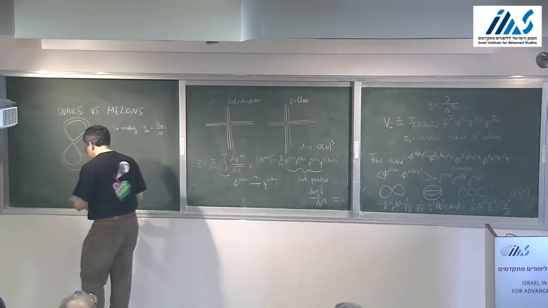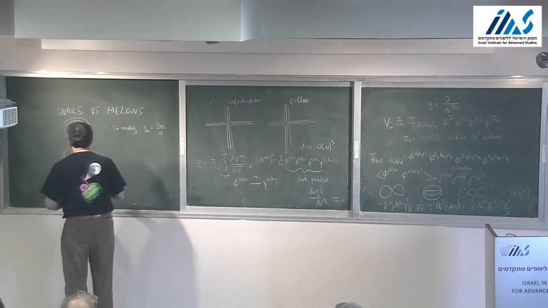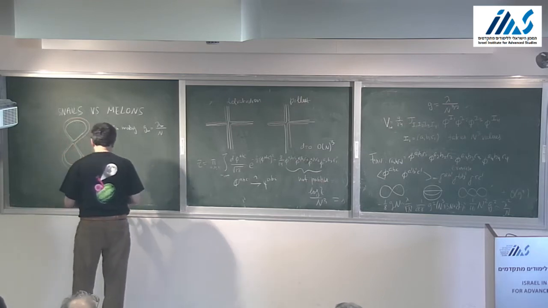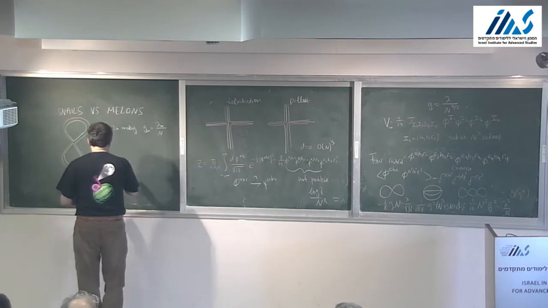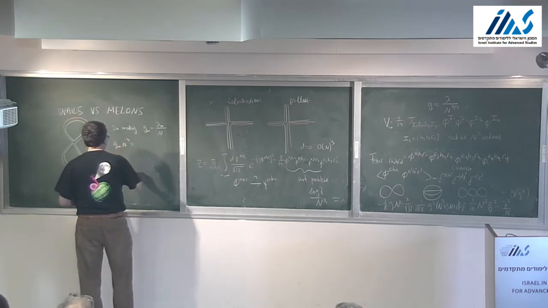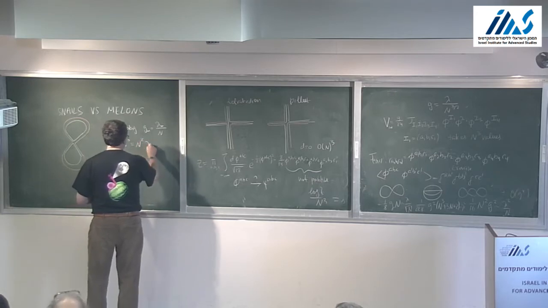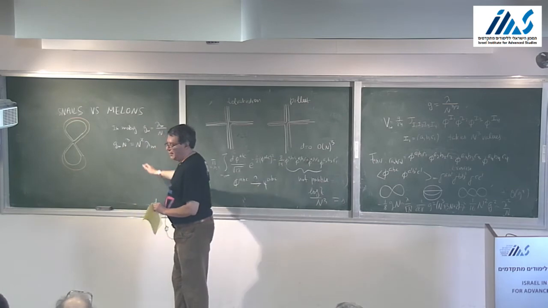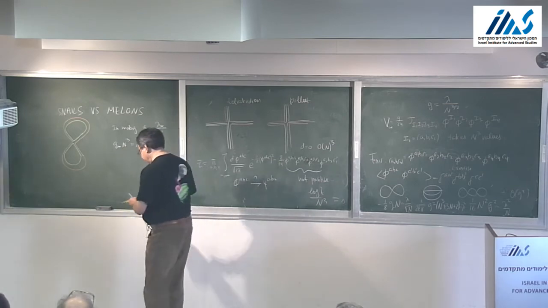So here you get 3 index loops, one outer one and 2 inner ones. So you get g matrix times N cubed, and this is indeed N squared times lambda matrix. So this is the first sanity check that you're doing the right thing.